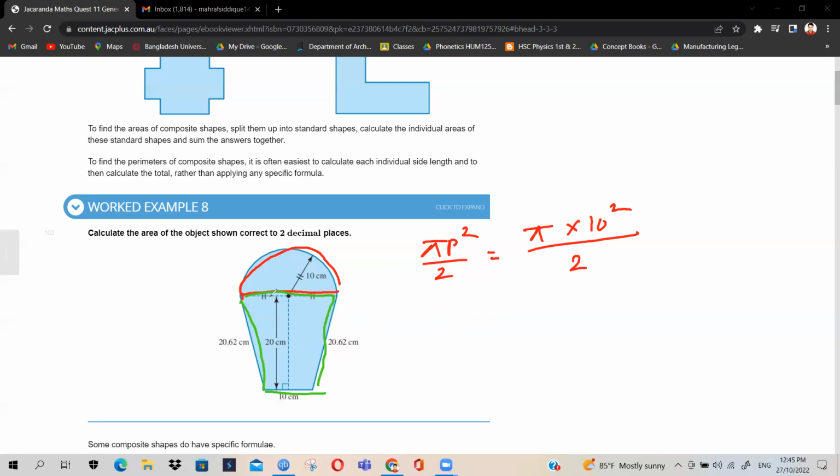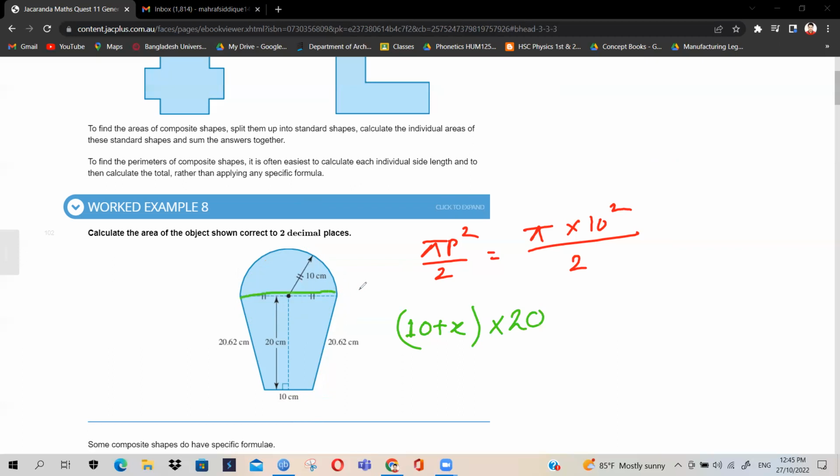What we need here are the parallel sides: one is 10, and the other one we have to calculate, so we don't know it yet. The height is 20. Now the question is, how do we get the value for the other parallel side?